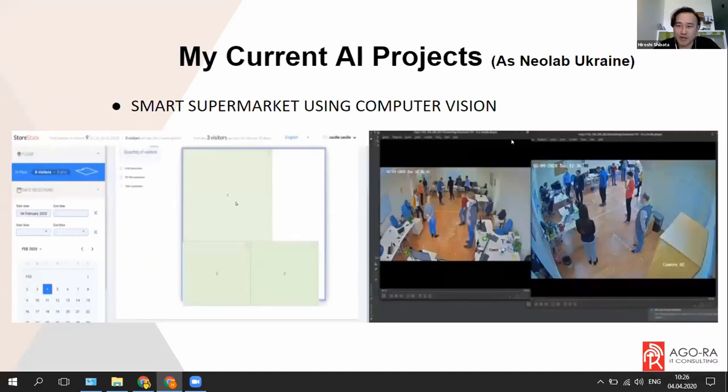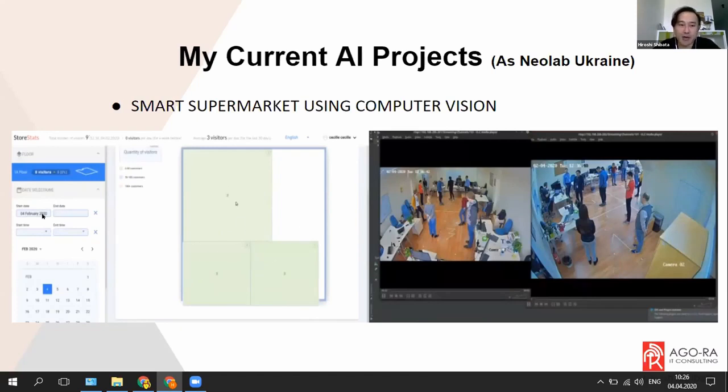This is the first project. We call it store stats. Basically, people walk around the shop, and we make a segmentation on the floor. Let's say this is floor A, B and C, and the system can automatically detect how many people are present in each segment.